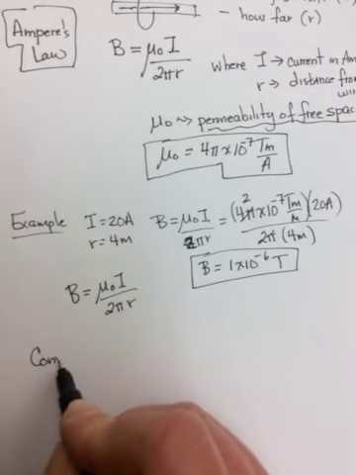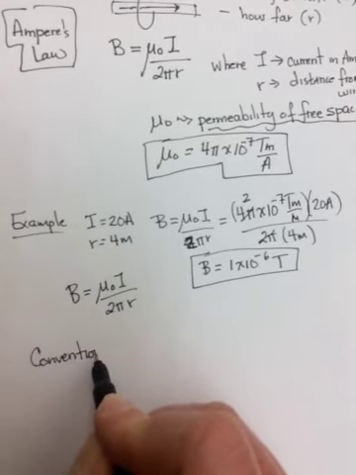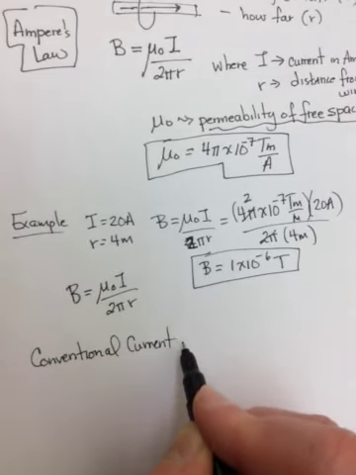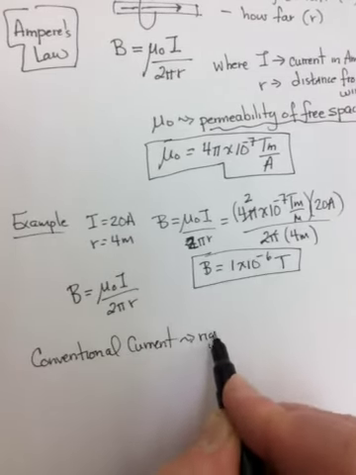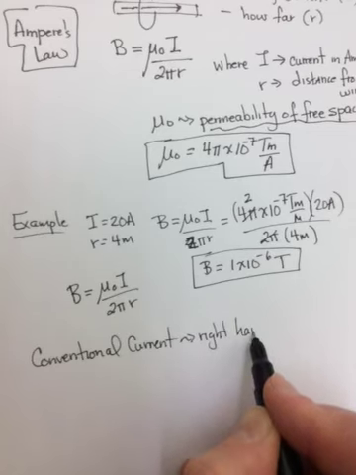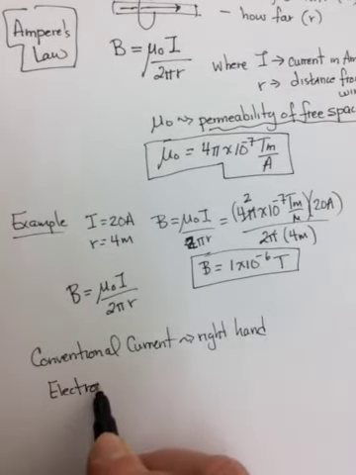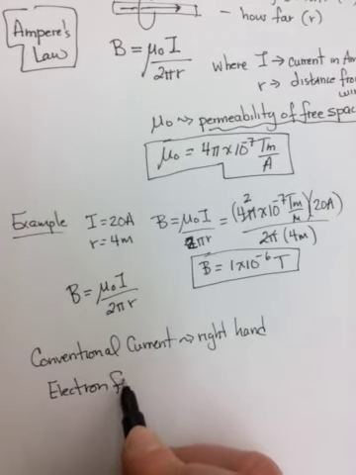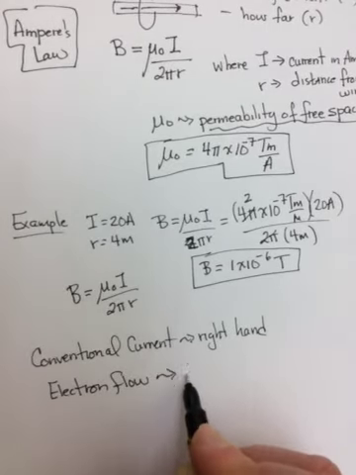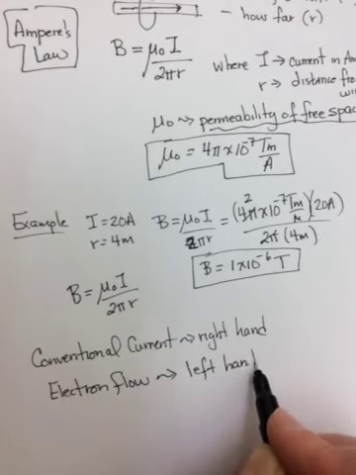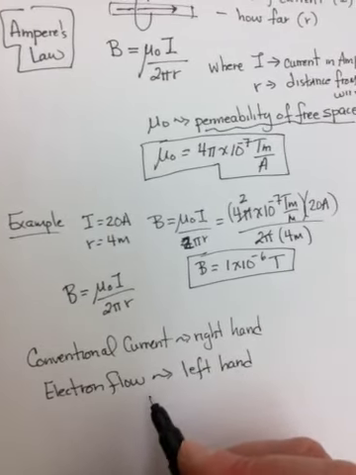So remember, conventional current dates back to when they thought it was positive charge flowing. So whenever it's conventional current, use your right hand. Whenever it says the words electron flow, use your left hand. It's electron current, okay? Your textbook always uses conventional. If it doesn't tell you, it's always conventional.